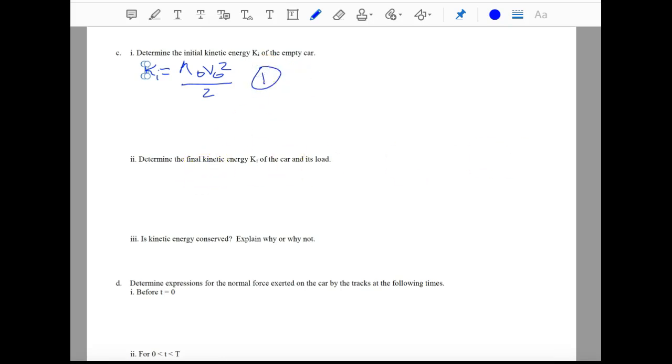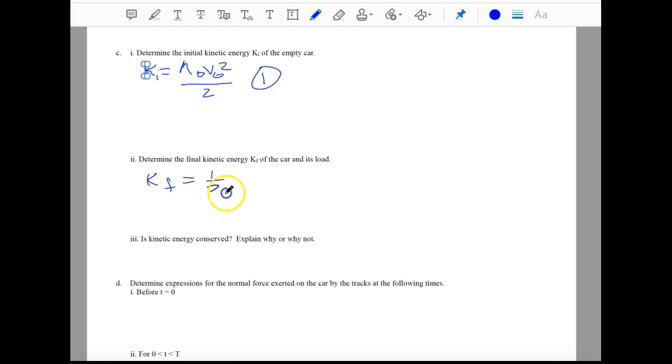Super, super simple. For part 2, this one says determine the final kinetic energy, Kf, of the car and its load. So they've really broken this one down to try to get everything together. So here's our original, we're going to do our final, and then they're going to ask us if it is conserved and then ask us why or why not.